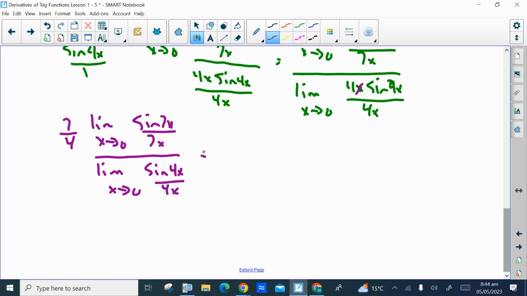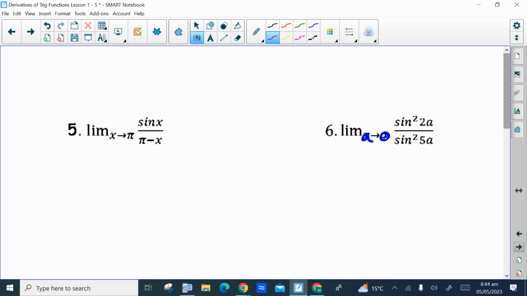And then it'll be 7 over 4 times 1 over 1, which is 7 over 4. So that's how that one is done. Again, in order to make these work, we have to get an expression where we have the limit as x approaches 0 of sine theta over theta, where theta has to be the same, obviously.